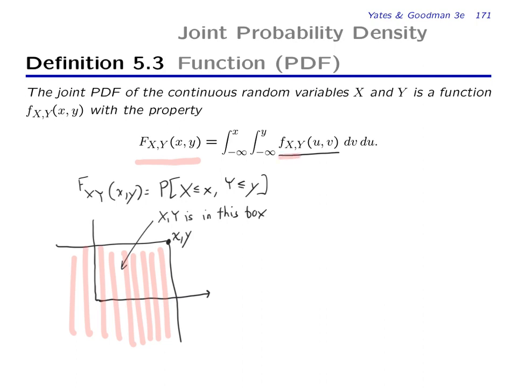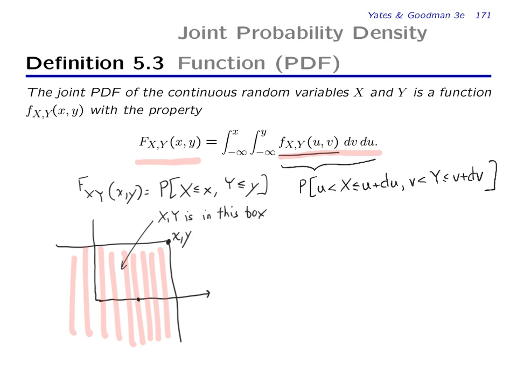This quantity f_XY(u, v) dv du corresponds exactly to being the probability that x is between u and u plus du, and y is between v and v plus dv.